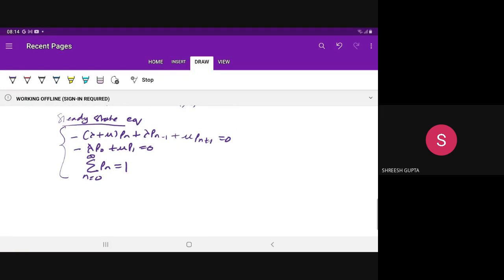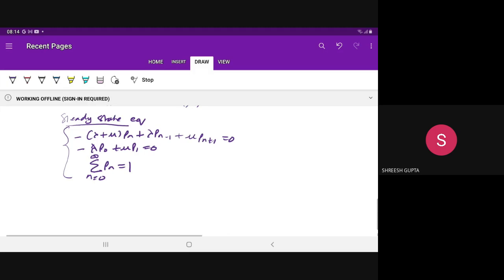So either you solve this system of linear equations or you derive through the result of the birth and death process. Generally, if we know the states, if we know the state dependent arrival rate and the state dependent service rate, directly we can apply the birth and death process.